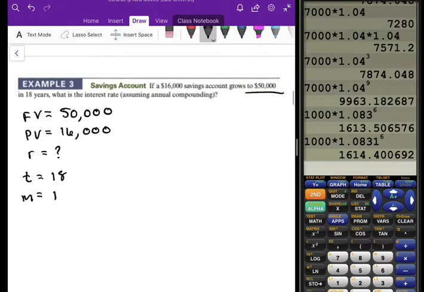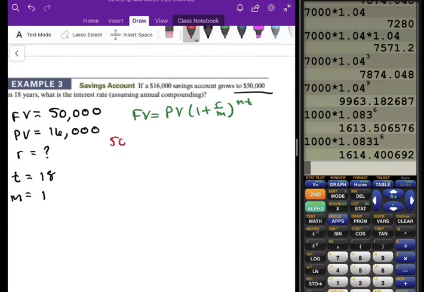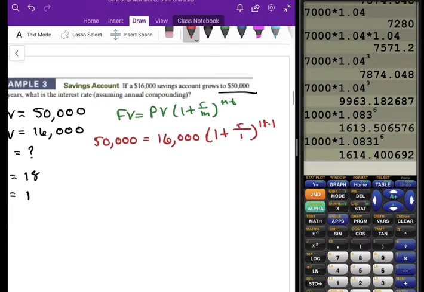Again, the formula for compound interest is future value equals present value times 1 plus R over M, to the MT. So we have 50,000 equals 16,000 times 1 plus R over 1, to the 18 times 1.